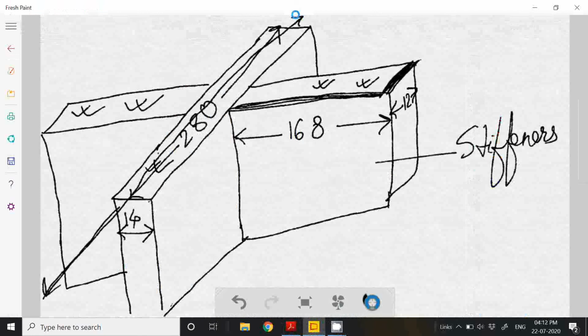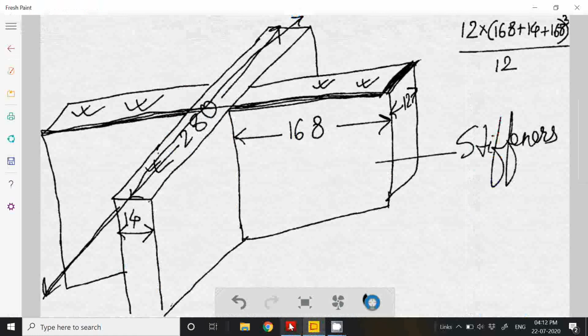So for stiffeners we get 12 into total D cubed, which is this whole 168 plus this one, plus if I consider the web, it becomes B is this one. So it becomes 280 into 14 cubed by 12.